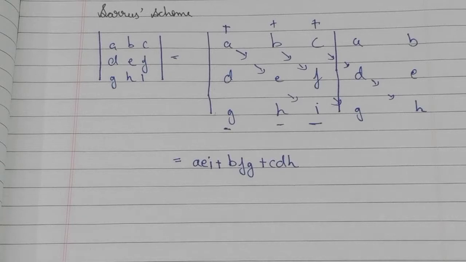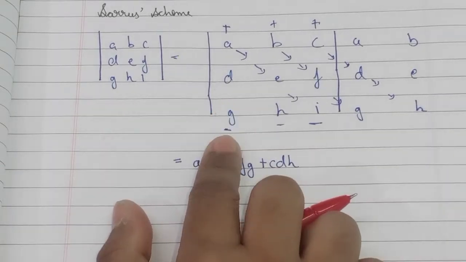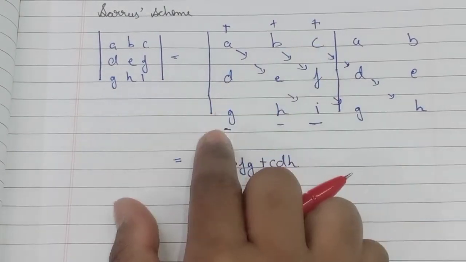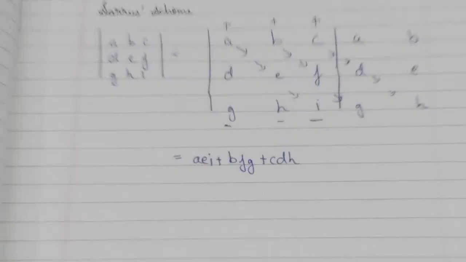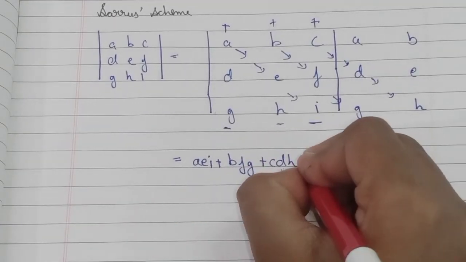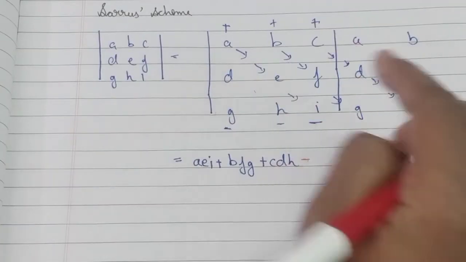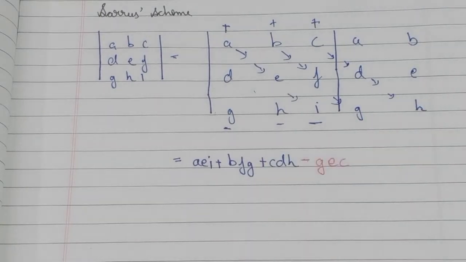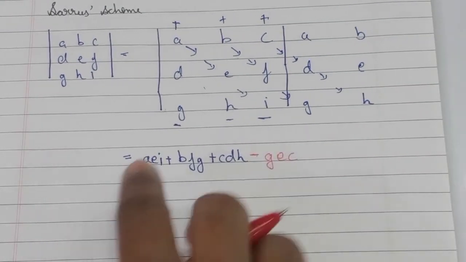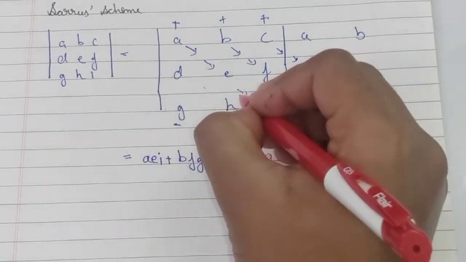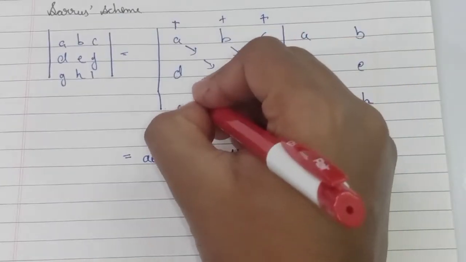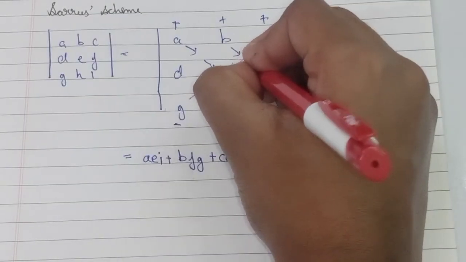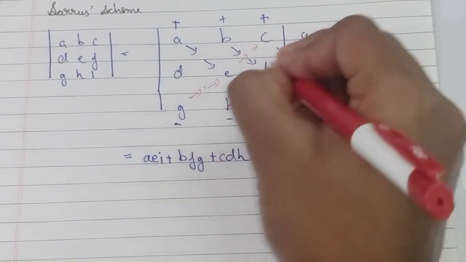Now we will work from downwards, so this is G E C, and since we had a negative, we will put a negative here, so this is negative G E C. Now we have H, F and A. Wait a second, let me put arrows, this is more clear.